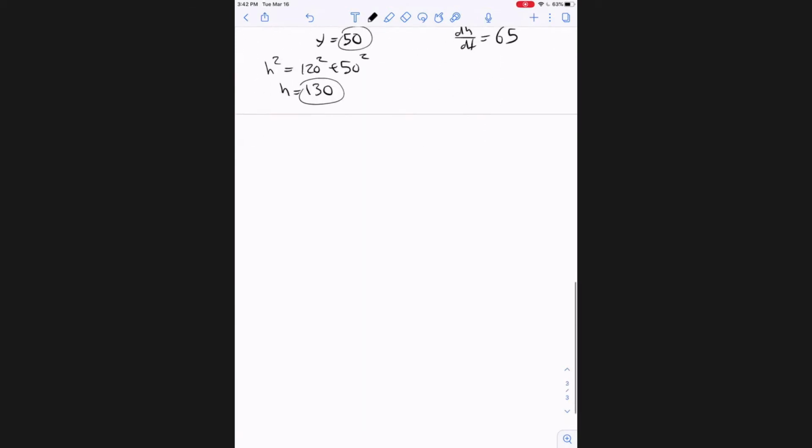All right, so starting section 4.1, maximum and minimum values. If you have a curve on a graph, and let's say you have something that looks like this, just a random picture I'm drawing.